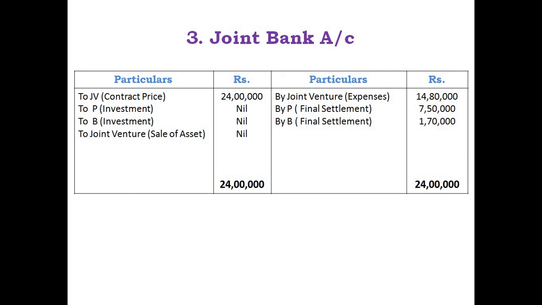They'll wind up by just opening a joint bank account. Any profit or loss, they will share themselves. Hope you all understood all three tables: number 1, joint venture; number 2, partners' capital; number 3, joint bank account. In future, I'll try to solve more and more problems and upload videos.